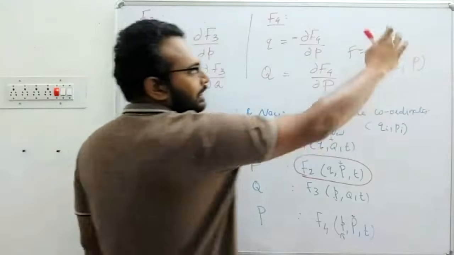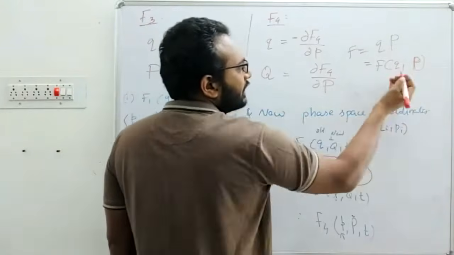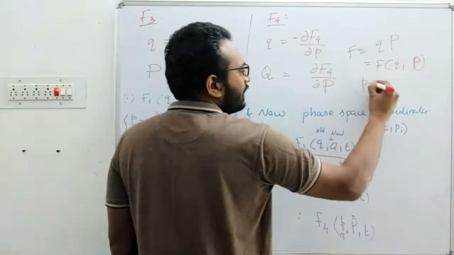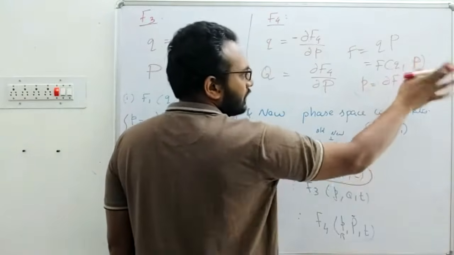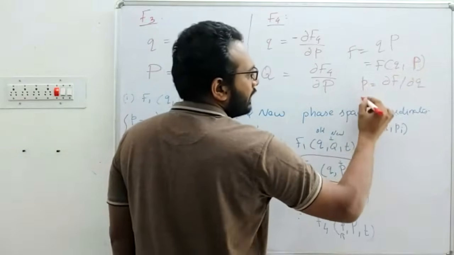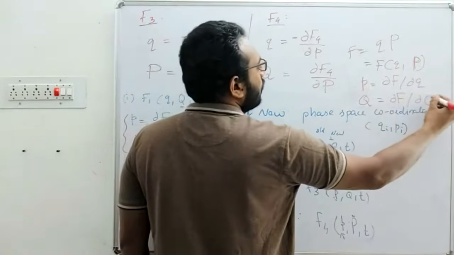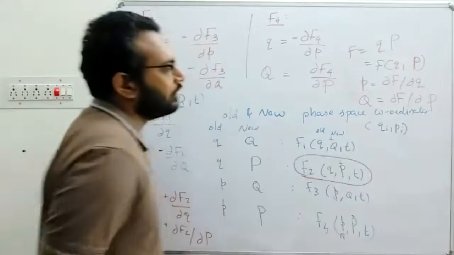That's all. This is capital P. Now the transformation equations you need to find: small p is equal to dou f by dou q. Q is in the first position, no problem. And capital Q is equal to dou f by dou p. P is in the second position, no minus sign.